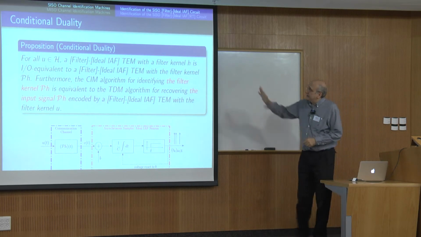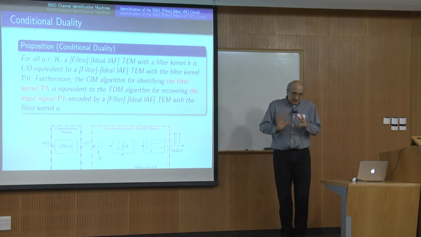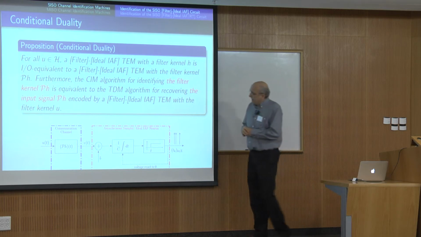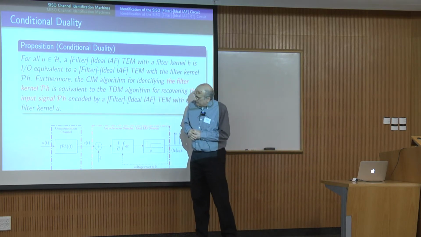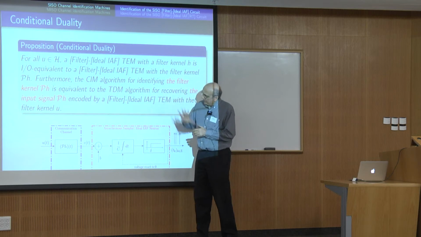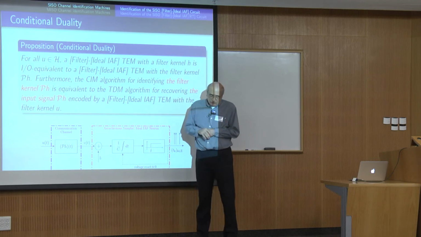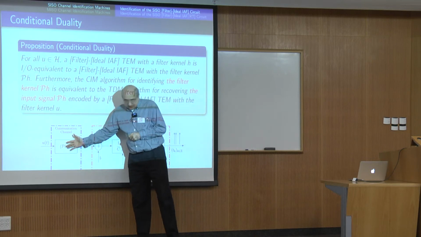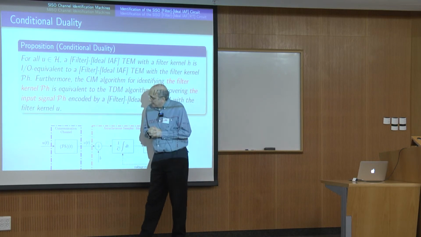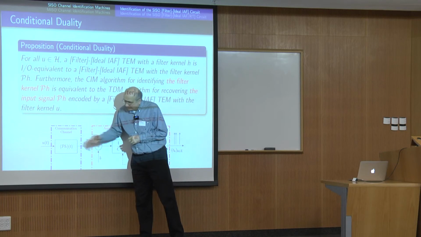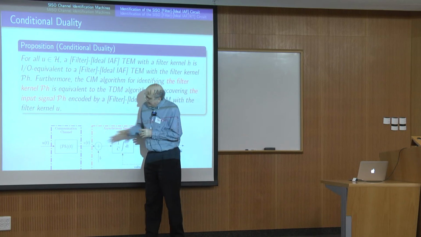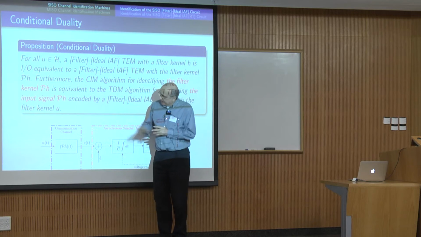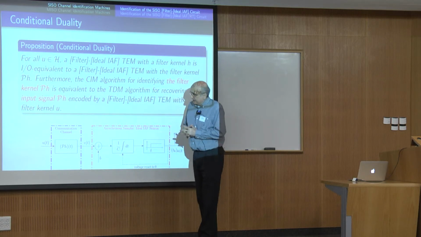Now, there's a key result here. I'm going to present it intuitively. Okay? So essentially, the first result here, which is called conditional duality, what it says is the following, that in effect, as far as the filter at the input is concerned, the previous system and the system as shown here are equivalent, meaning the I/O behavior is exactly identical.